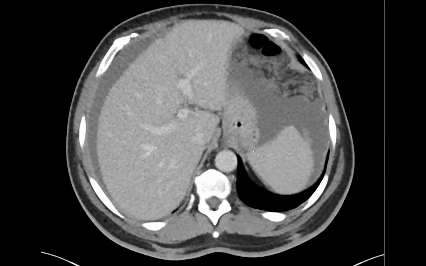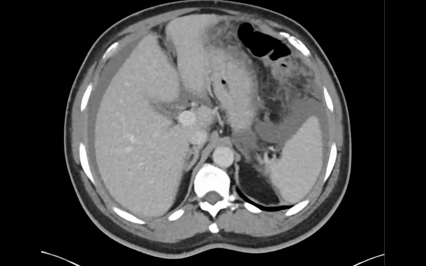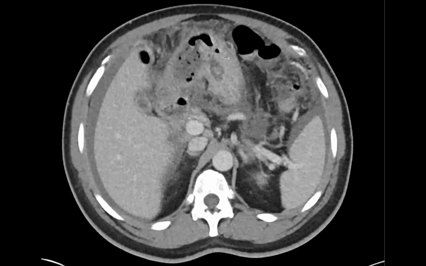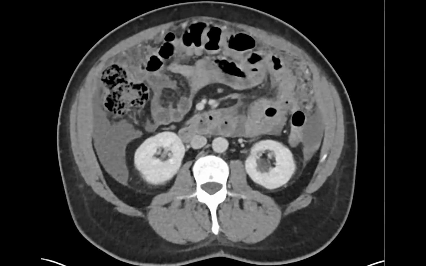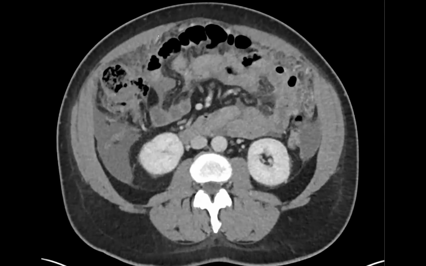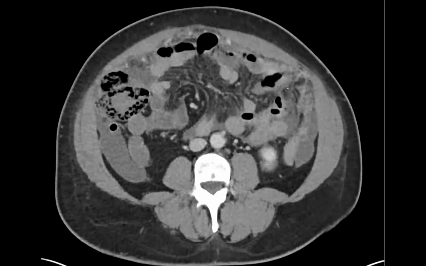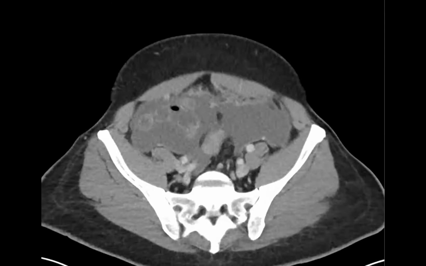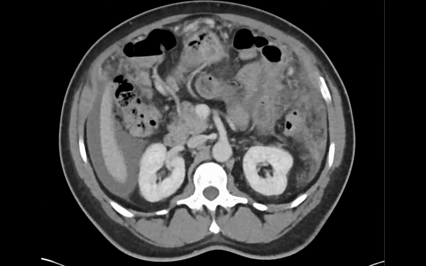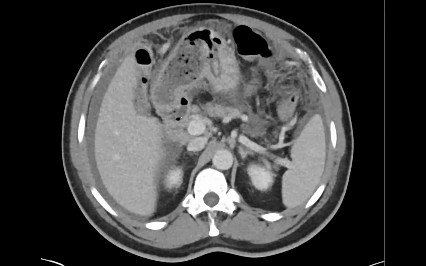This one is not something I would ever diagnose, but I wanted to show it to you because it was the first time I'd heard of this entity. So there's ascites, and there's basically peritoneal carcinomatosis. We're like, okay, there's peritoneal disease. Is the pancreas okay?